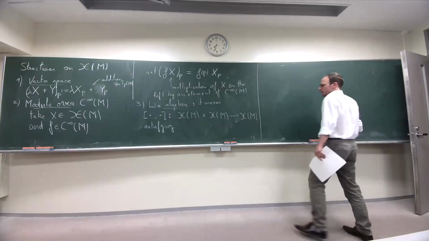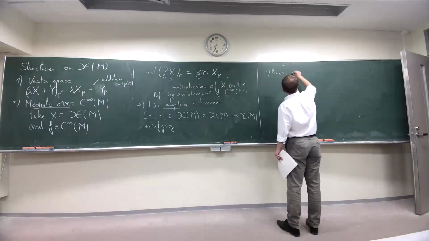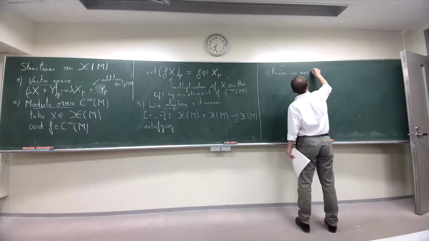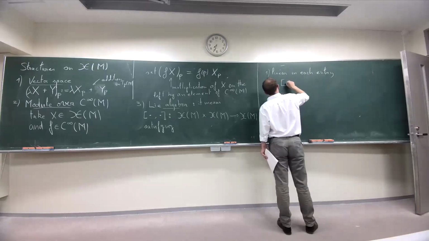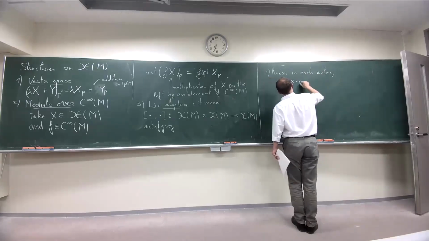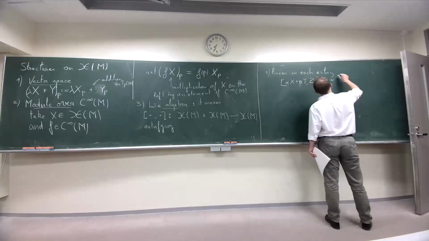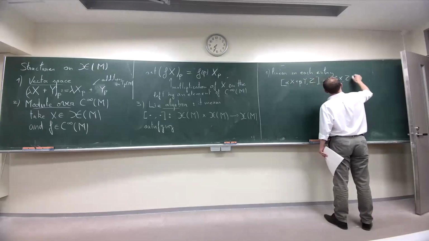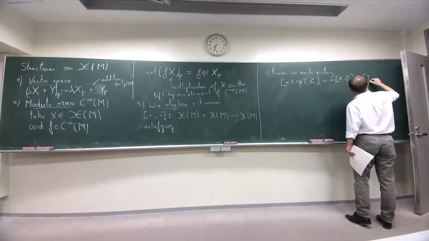So what it satisfies: one, it's linear in each entry, which means alpha X plus beta Y, Z is the same as alpha [X, Z] plus beta [Y, Z].